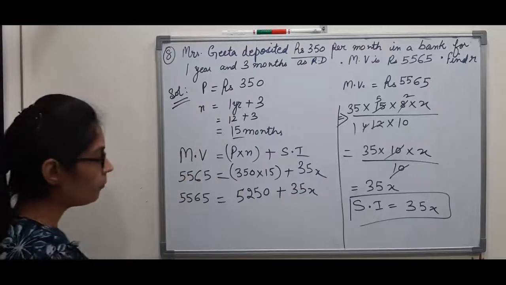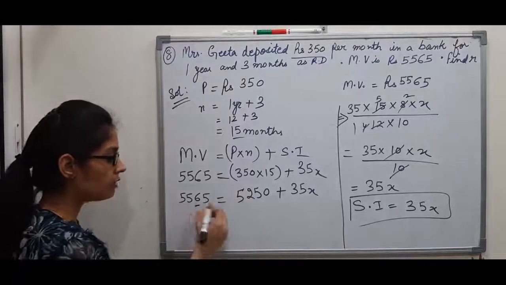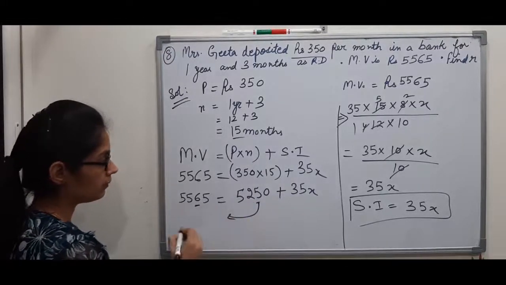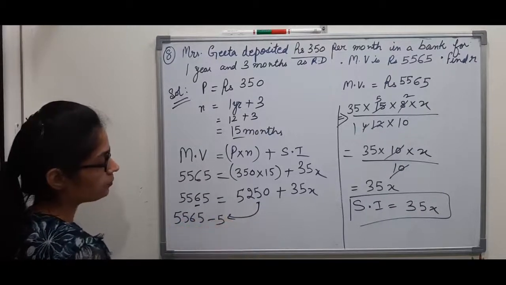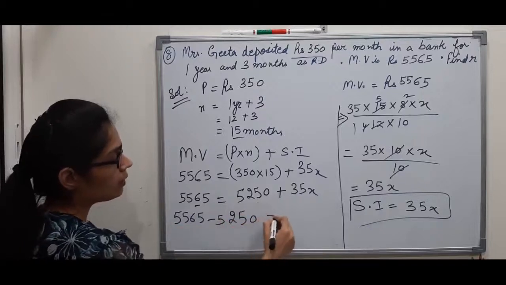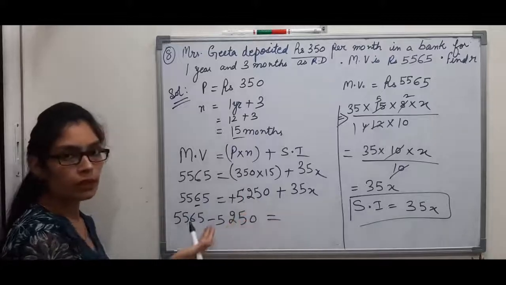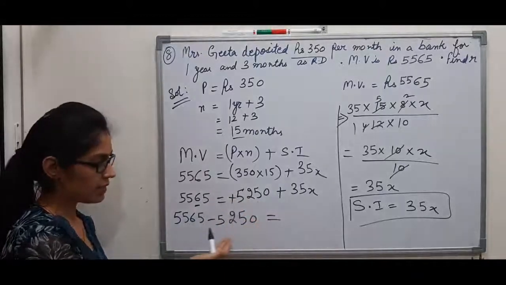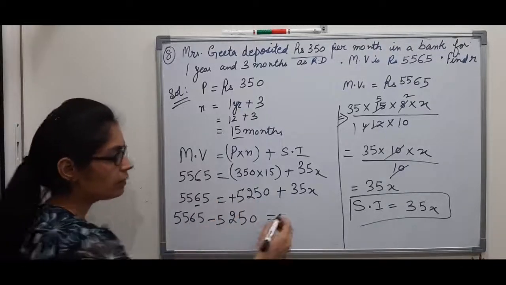I know only like terms can be added and subtracted, so I will shift this term to this side. 5565 minus 5250. Why minus sign? Because on changing sides, this is a positive term, so the positive term will be changed into a negative term. So the plus sign will be changed into the minus sign.